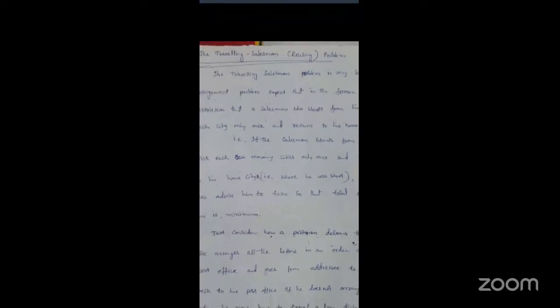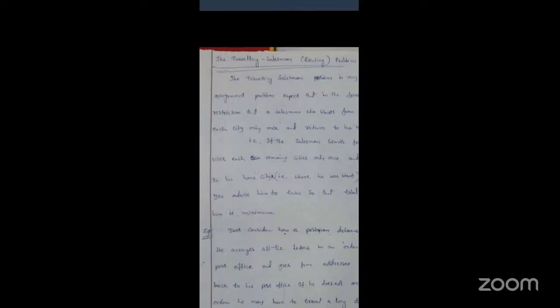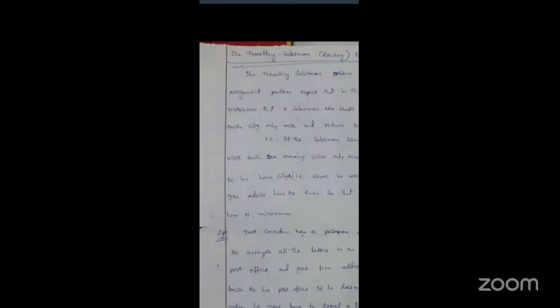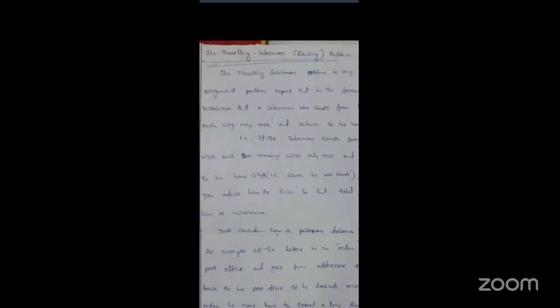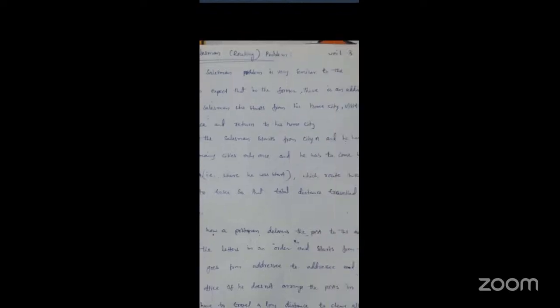The traveling salesman problem is very similar to the assignment model problem, except that the notations row wise and column wise must be similar. Except that, in the former there is an additional restriction that a salesman starts from his home city and visits each city only once and returns to his home city.